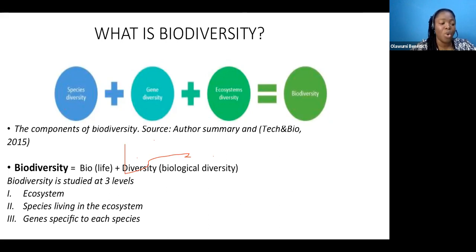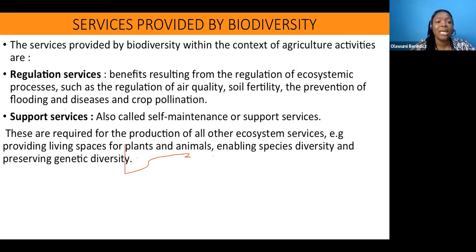They made it very simple, that it's a diversity among plants, animals, and fungi, and the different species. They made it so simple that you know it encompasses everything in life. And that's the definition of biodiversity. And that is how we study biodiversity at the different levels. I hope we are together and we understand what we're talking about.